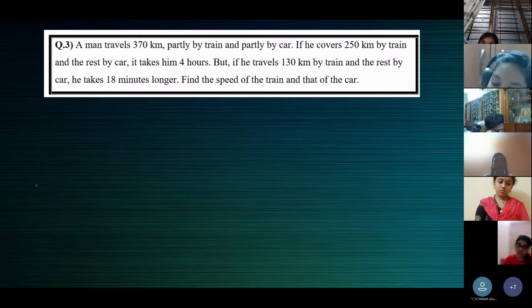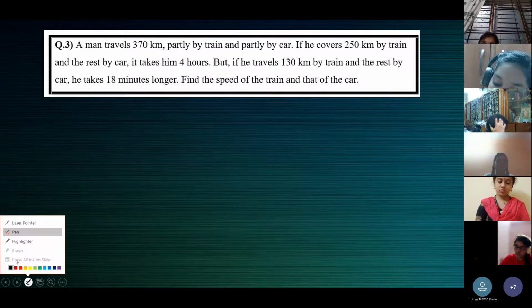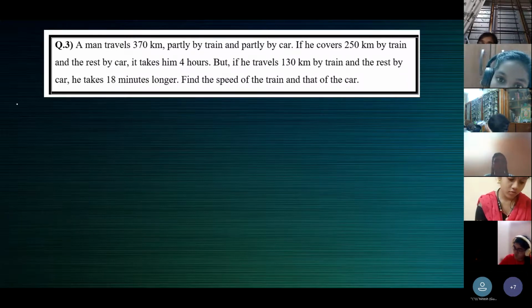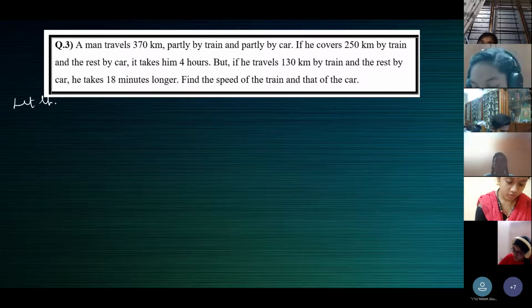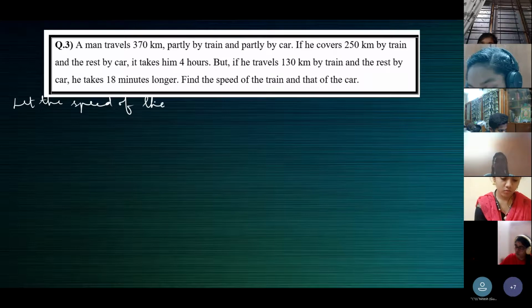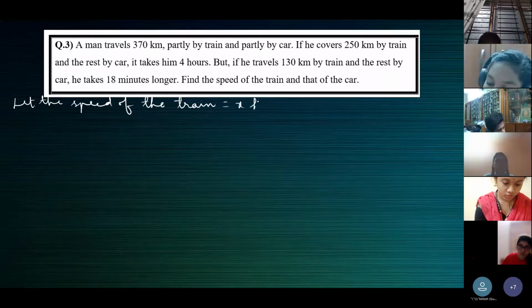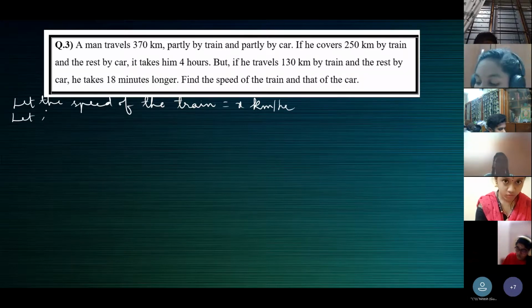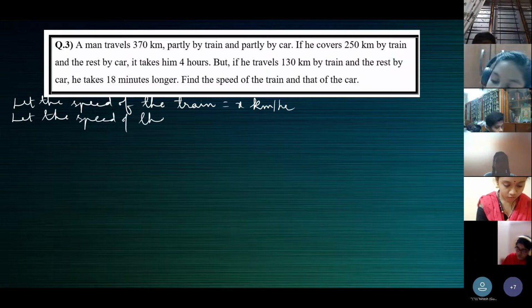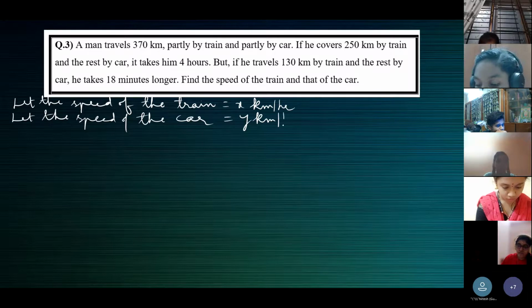Okay, so we start like this. Let the speed of the train be x kilometers per hour. Let the speed of the car be y kilometers per hour.